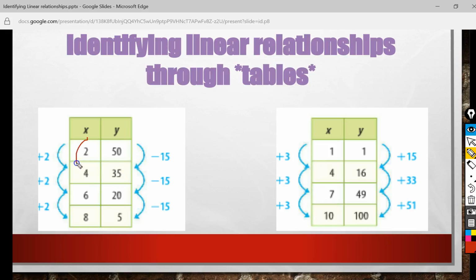So as we go from one x to the next, we see that it's plus 2. From 4 to 6, plus 2. From 6 to 8, plus 2. Okay? So since these are all plus 2, we can tell that our x's are changing by a constant amount. Now let's look at our y's.